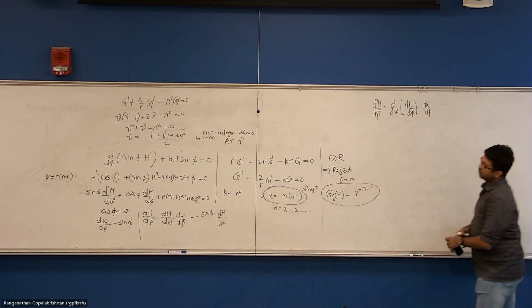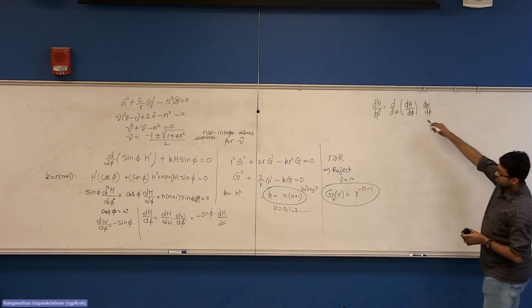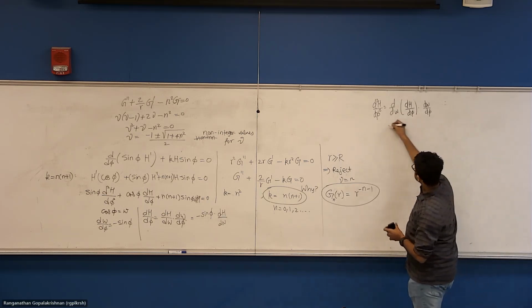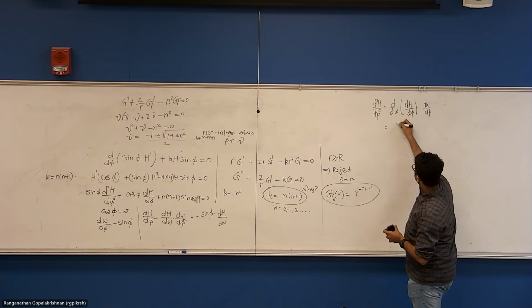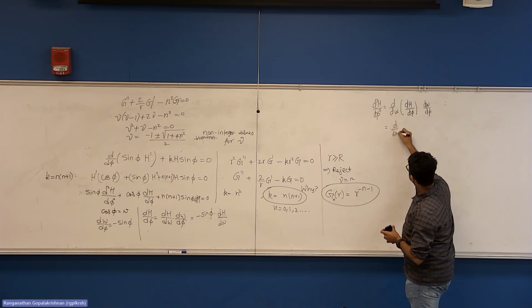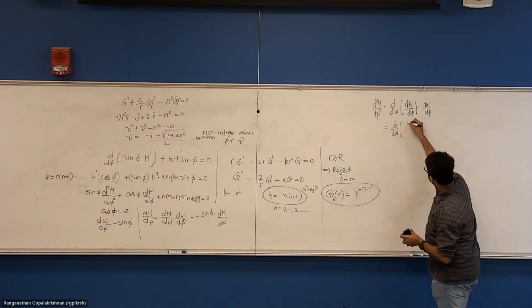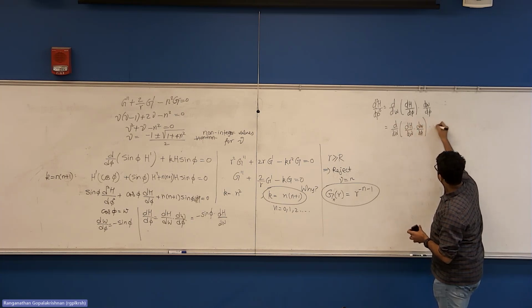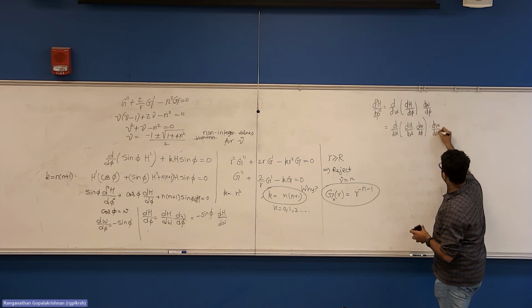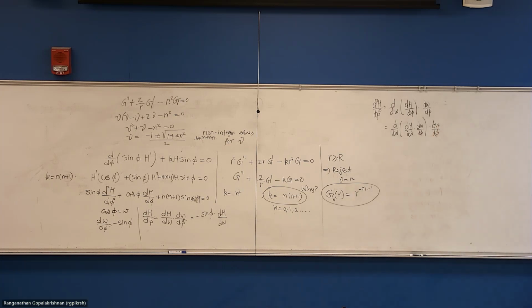So what is this? This is d over dw, dh over dw times dw over d phi multiplied by dw over d phi. Can I write it that way?